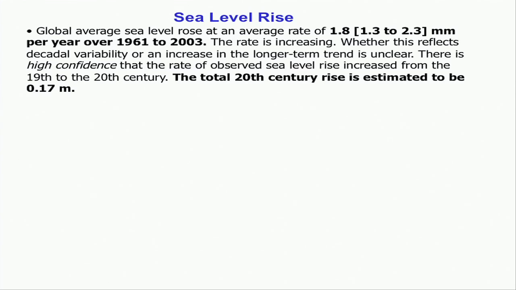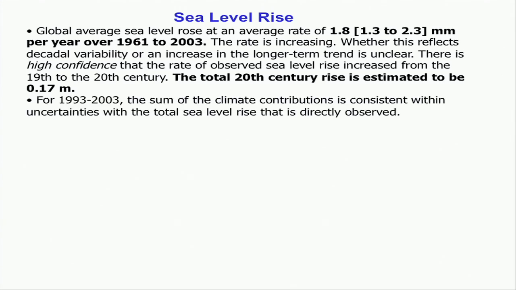And in fact, the total 20th century sea level rise is around about 0.17 meters. Doesn't sound like much, but remember that's a global average. Sea level rise is not the same depending upon where you are. It can vary significantly. Now again, for that period, 1993 to 2003, if you look at the sum of the climate contributions contributing to sea level rise, they're all consistent within their uncertainties with the observed sea level rise.